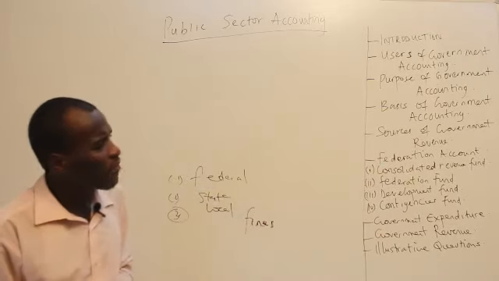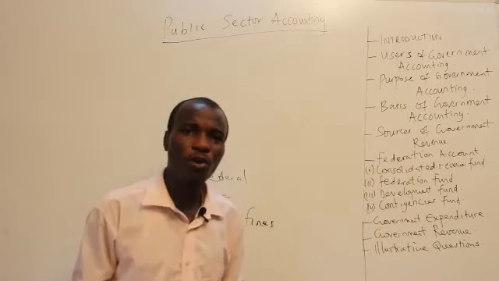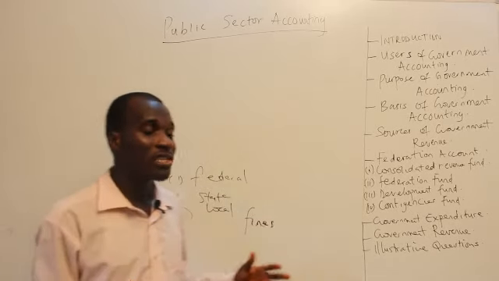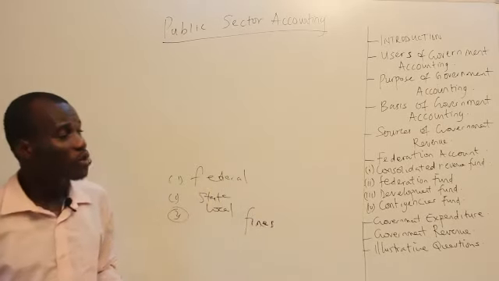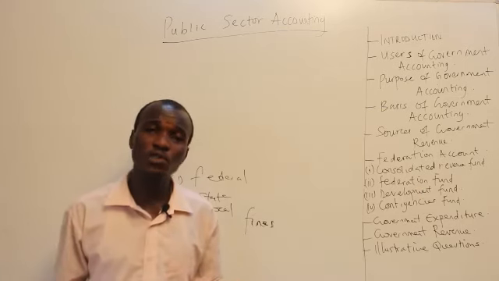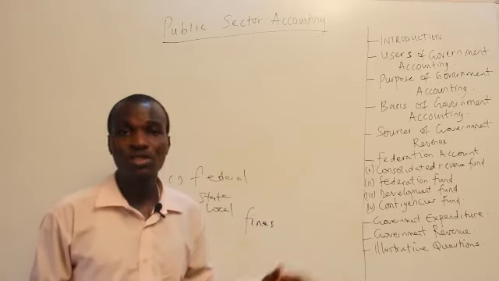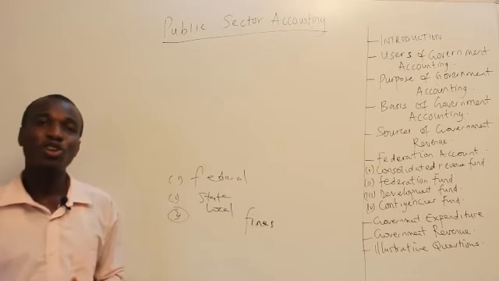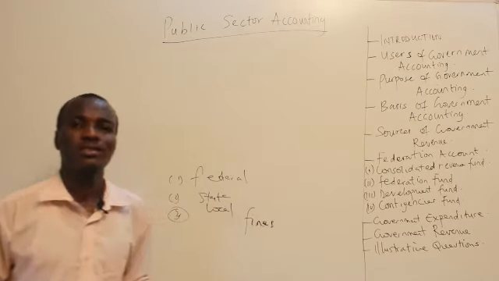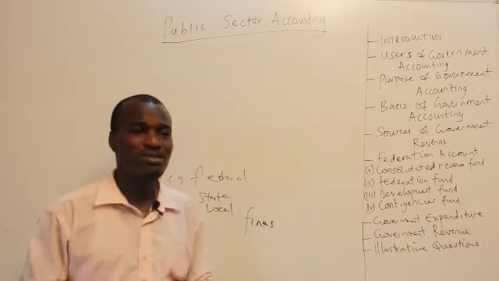So the next one we have is the contingencies fund. Look at the name, contingencies. The government has this fund to meet any form of contingency or disaster in the future. The government maintains this fund to meet unexpected disasters or any form of contingencies.